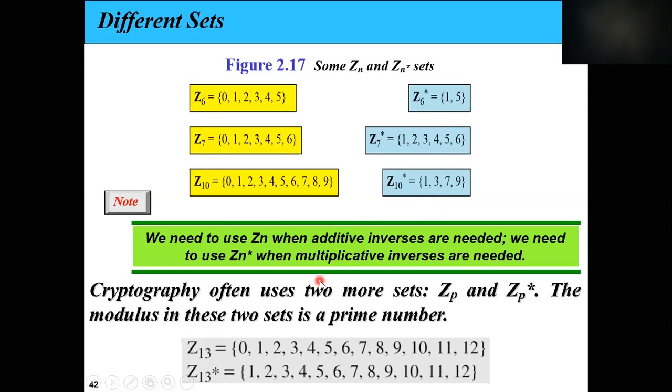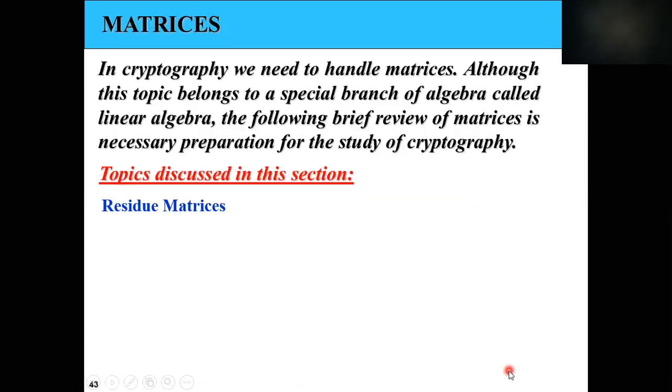In cryptography, we often use the sets Zp and Zp star because these are quite important. In Z13, the set is 0 up to 12, and Z13 star is 1, 2, 3 up to 12. Now, matrices. In cryptography we deal with modular or residue matrices.